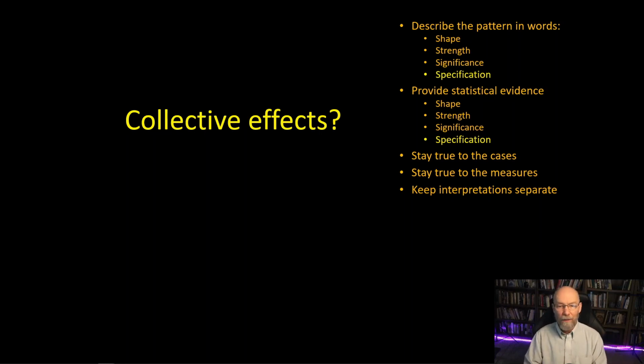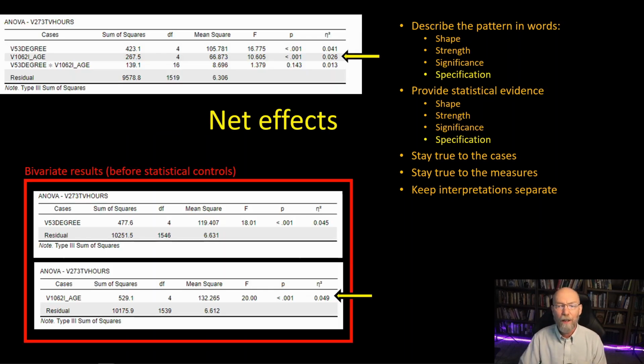In this circumstance, not many people do this, but you could argue that instead of the amount of effect we had from degree being 4.1%, or 0.041 as a proportion, or 2.6%, we've now explained about 6.7%.